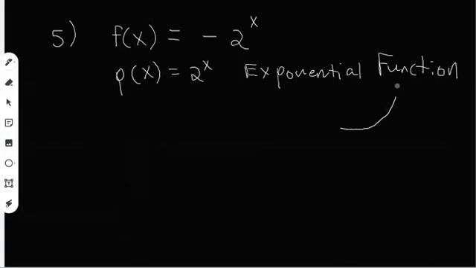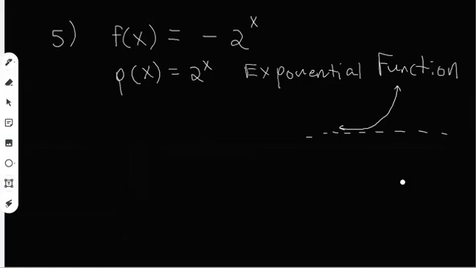This function is going to look like this. It's going to have a horizontal asymptote down here that the graph never crosses. Okay, so that's basically what it's going to look like. And what we're doing with this is we're multiplying it on the outside by a negative. Well, I guess it would be more accurate to say -1. We're multiplying it by -1 basically.